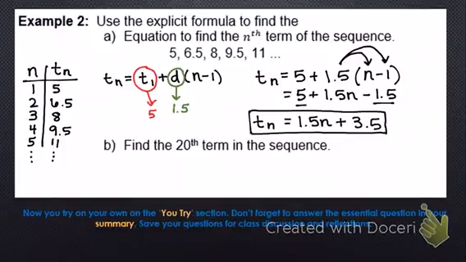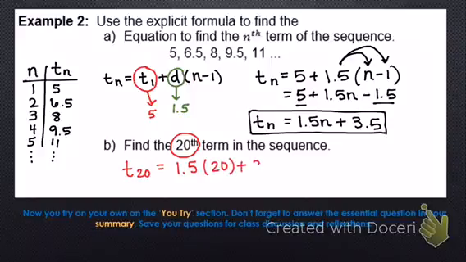Now, the hard way of doing this is just to keep going with that same pattern until we reach the 20th term. But with our equation, we don't need to do that, because we know now how to input values into a function whenever we know what that input value is supposed to be. In this case, we want to know what the 20th term is. So if I plug that in as my n value, I'm going to calculate 1.5 times 20 plus 3.5.